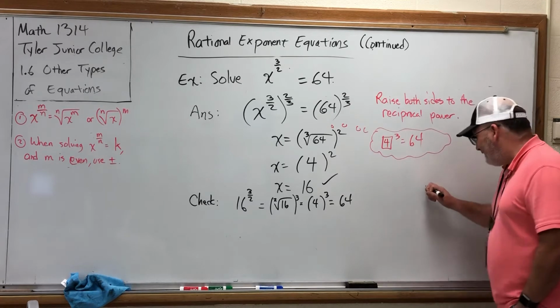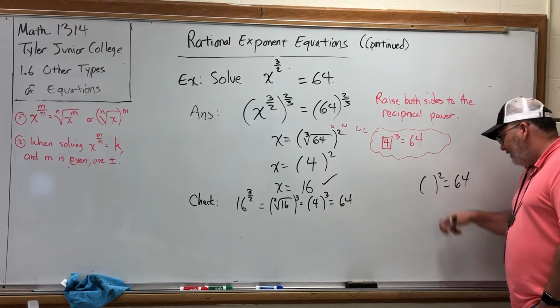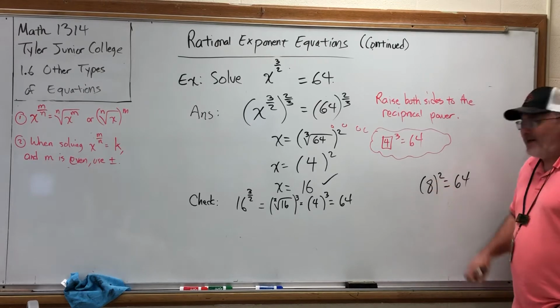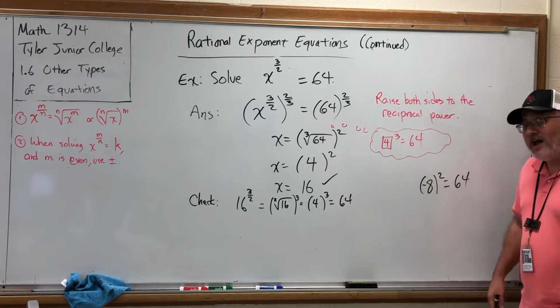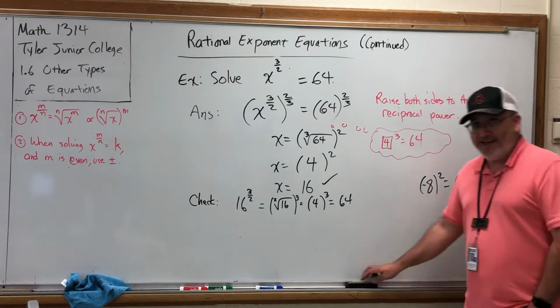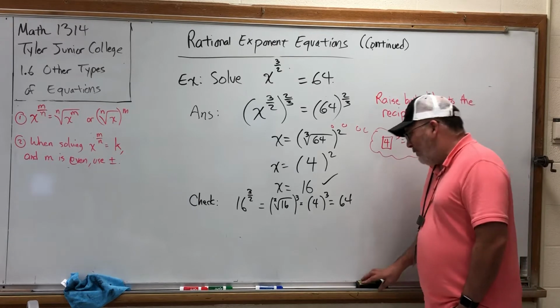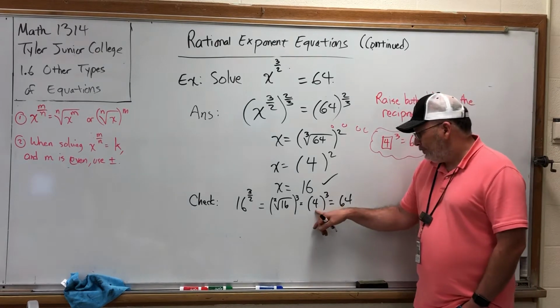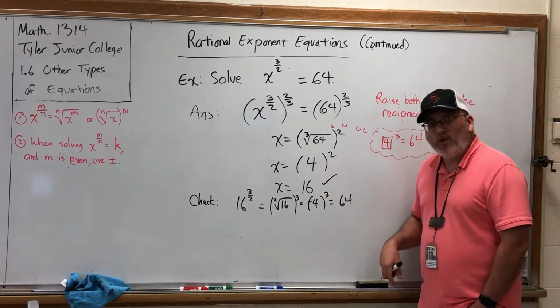I believe last time the scenario was we had something squared equals 64. In the original version, we were checking it had 8, but then we said, wait a minute, won't negative 8 also work there? Backtracked and figured out that we needed a plus minus on our original solution. Would that possibly work here? If I put a negative on this 4, will it give me 64?